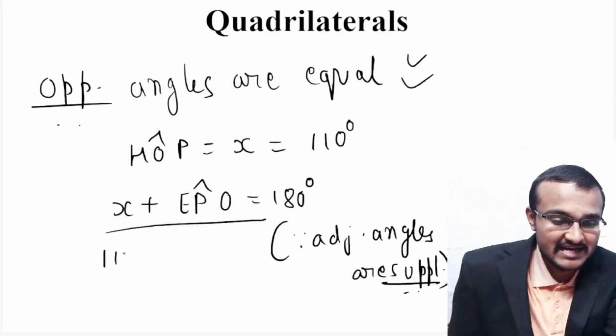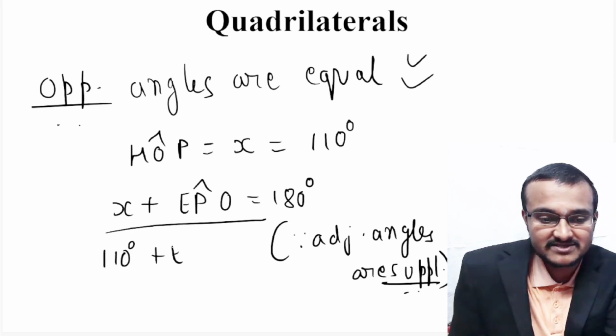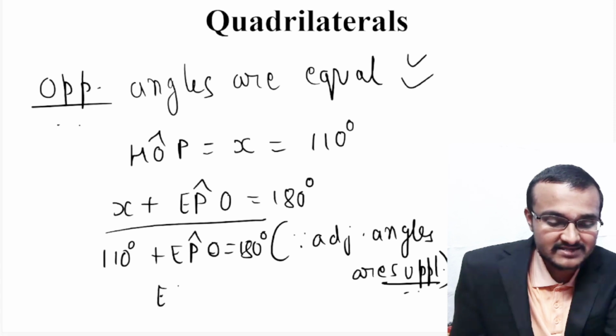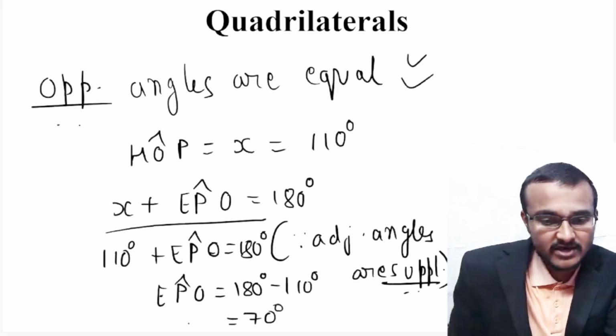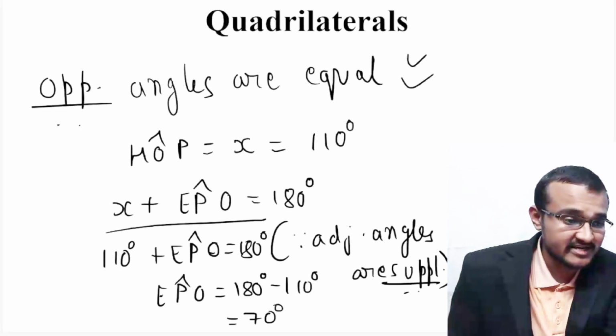You know the value of X, that is 110 degrees, so 110 plus EPO is equal to 180. EPO is equal to 180 degrees minus 110 degrees. So EPO is equal to 70 degrees.